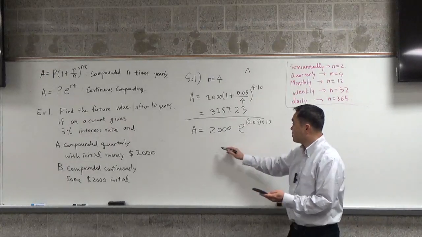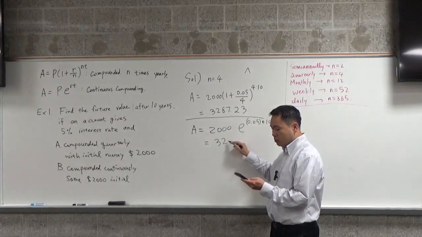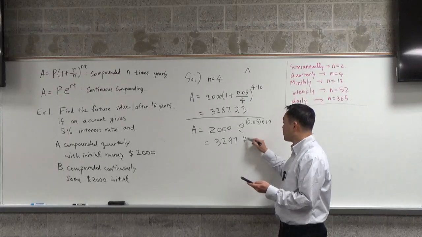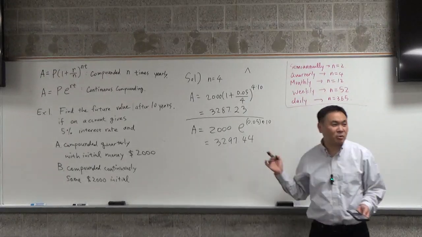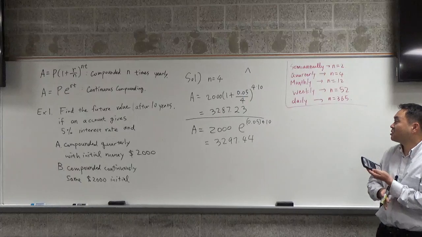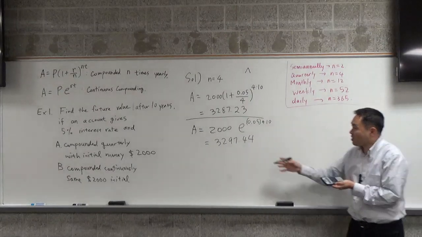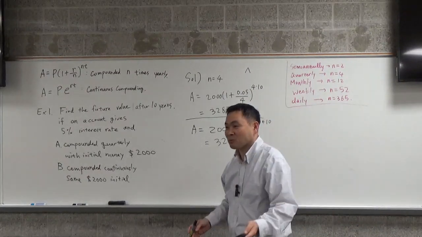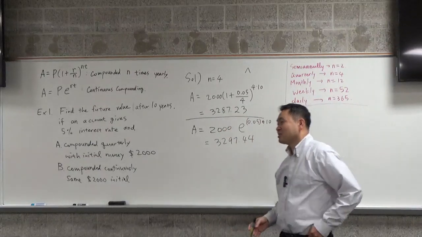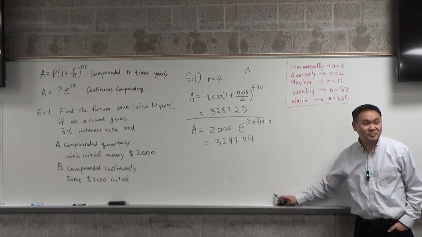And you get 3297.44. Slightly more, just a little bit more. But hey, it's an extra $10, right? I would take an extra $10. So that's what you get.